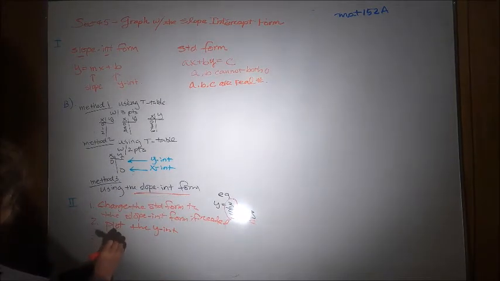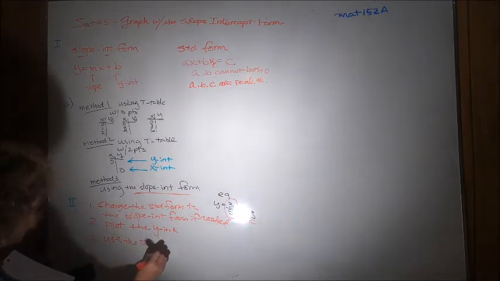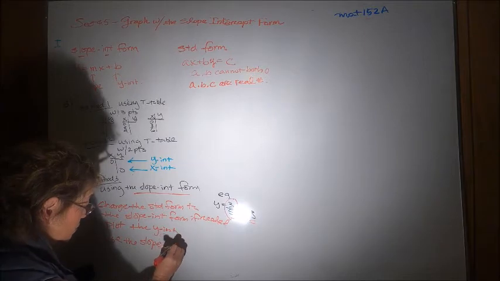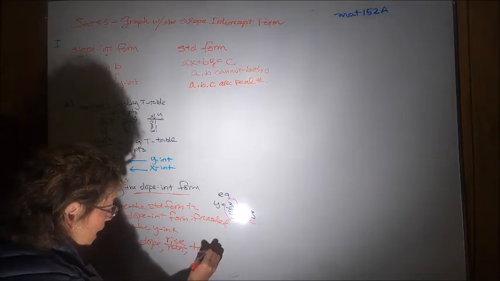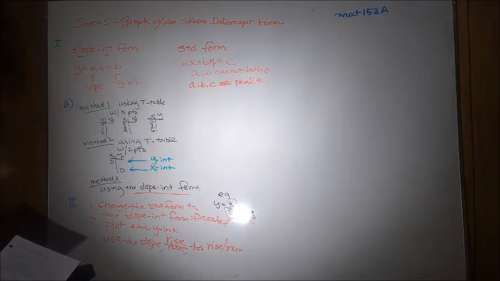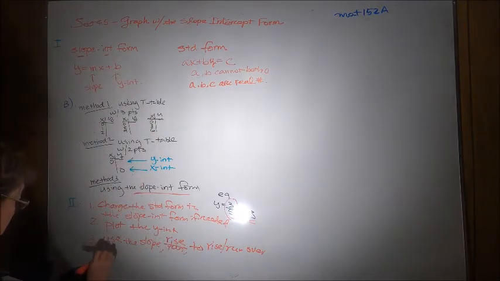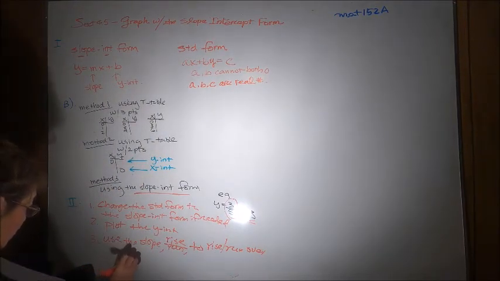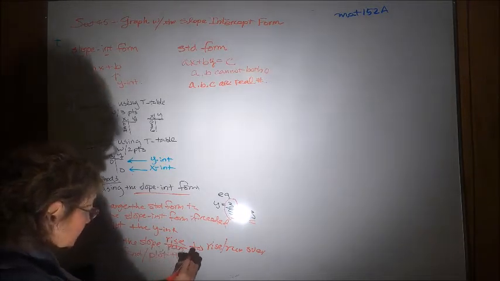Then you will use the slope, rise over run, to rise and run over to find and plot the second point.